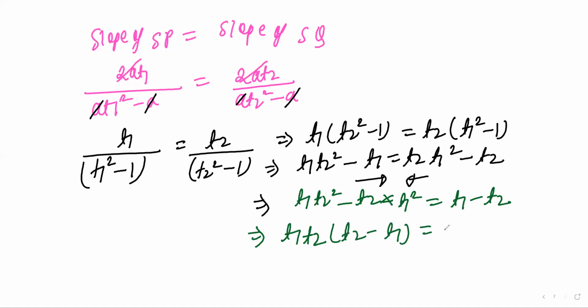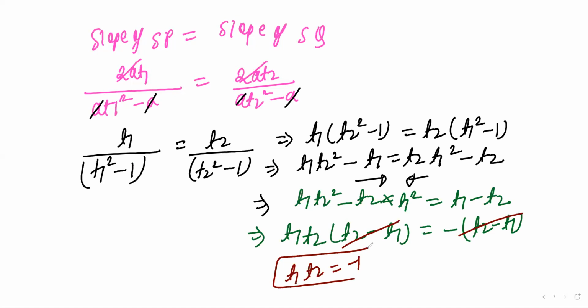Here take minus common, so it will be T2 minus T1, so that we can cancel. So this part is cancelled. So remaining is T1 into T2 equal to -1. Right, up to this point, first property of parabola.